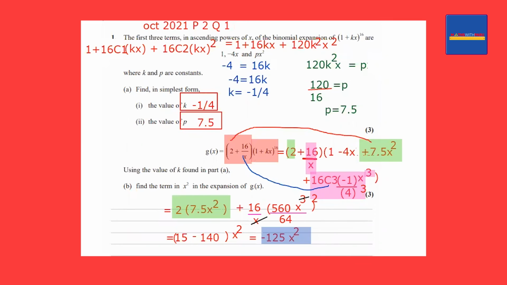If I multiply 2 times 7.5, I end up with 15. Then 16 into 560 over 64 gives me minus 140. Now if I add 15 to minus 140, I will end up with minus 125x squared.